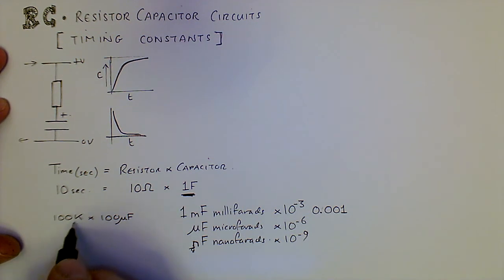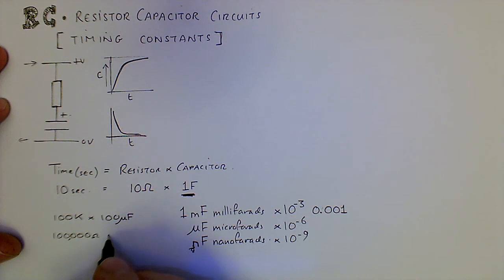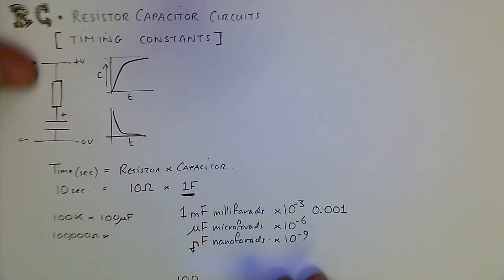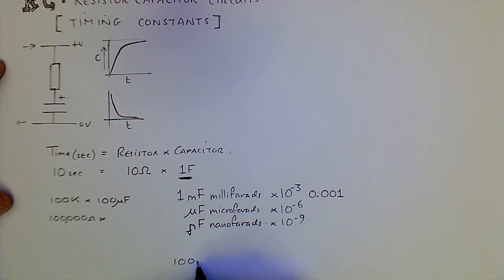Effectively 100k, or 100 kilo ohms, would be 100,000 ohms, and we will be multiplying that by the 100, but 10 to the minus 6. My way of working that out would be 1, 2, 3, 4, 5, 6.